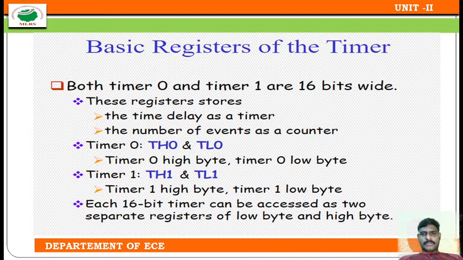In 8-bit operation, timer 0 can be divided into two parts, timer 0 lower and timer 0 higher. Similarly, timer 1 can also be used as 8-bit timers. Each 16-bit timer can be accessed as two separate registers, a lower byte and a higher byte, depending upon the time delay I want to generate.